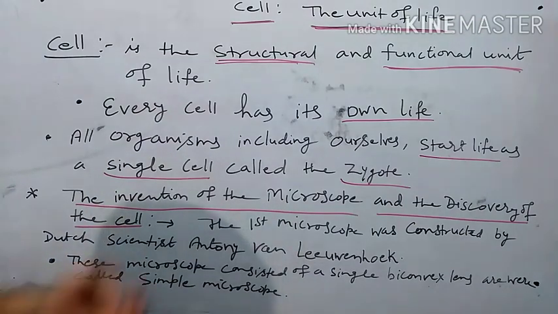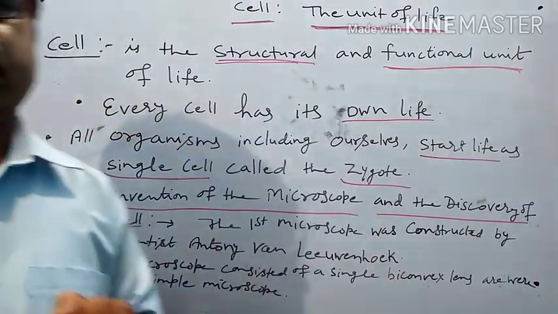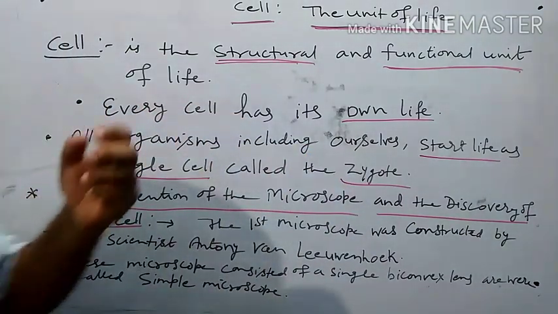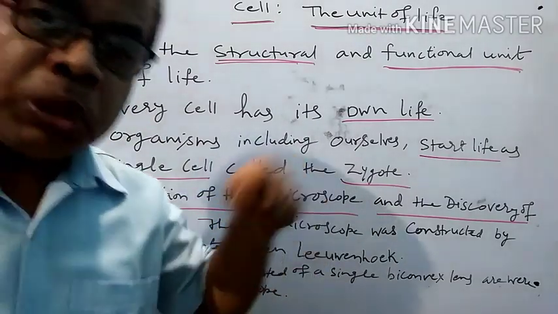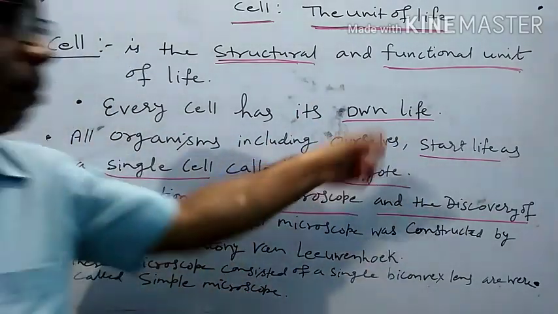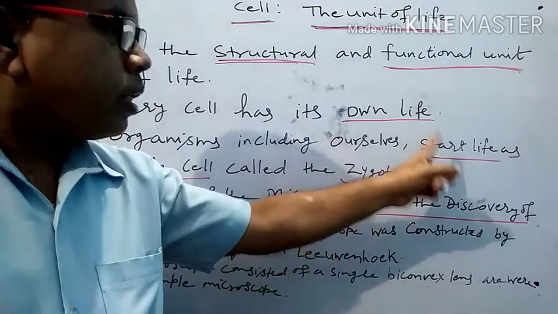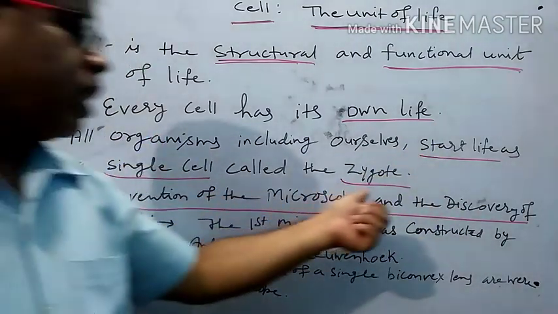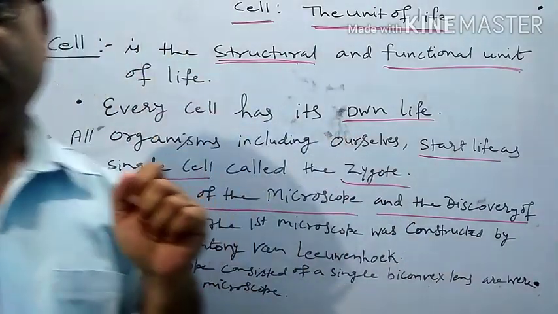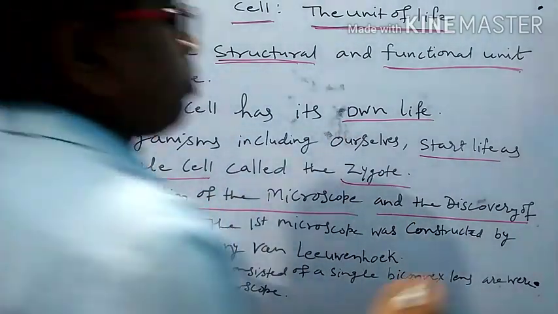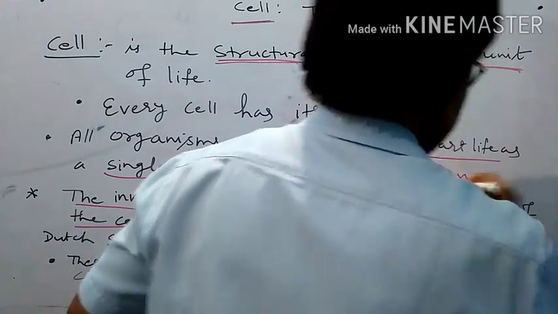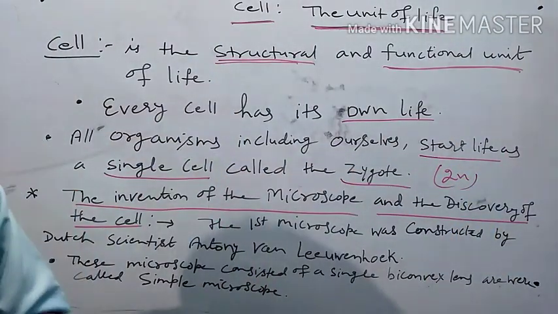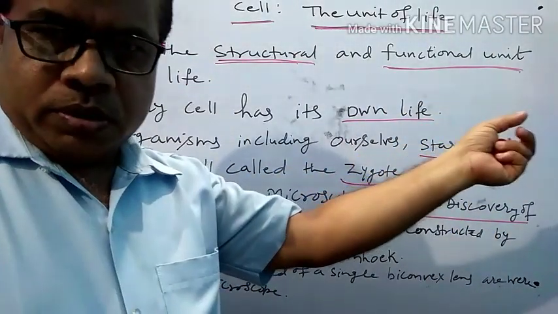It means each and every organism, including me also, start life as a single cell, and this single cell is called the zygote. Zygote is diploid. It means after the fertilization.